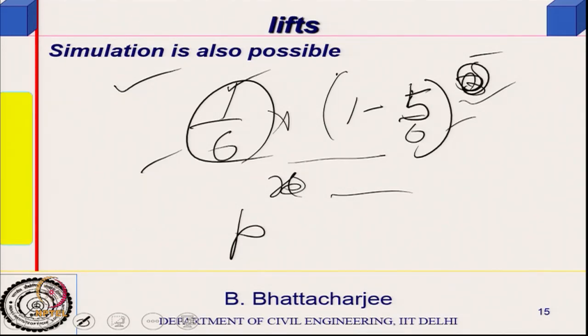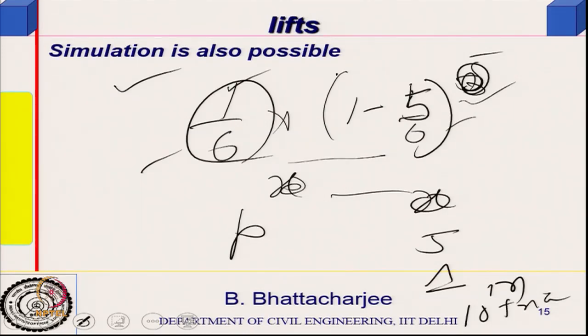Now in 10 trials, I want the probability of finding x, let us say 5 ones in 10 trials.